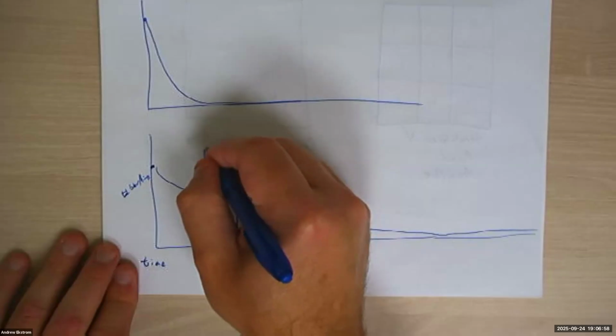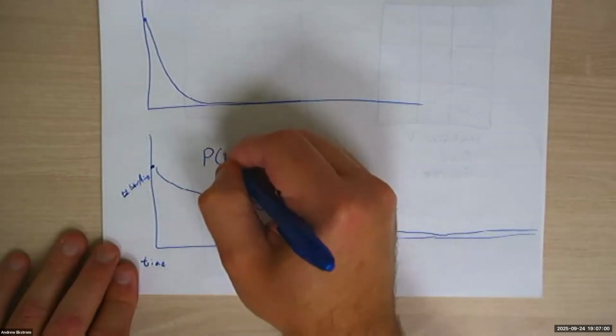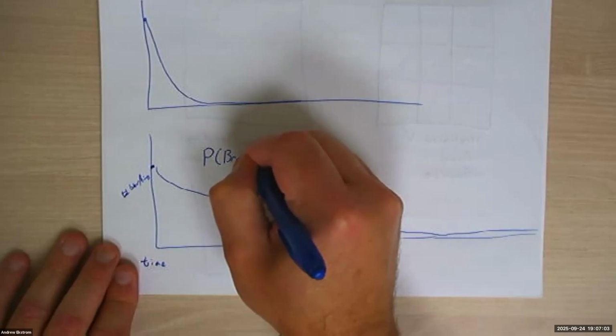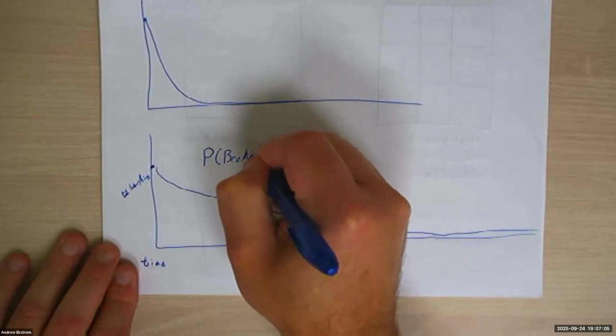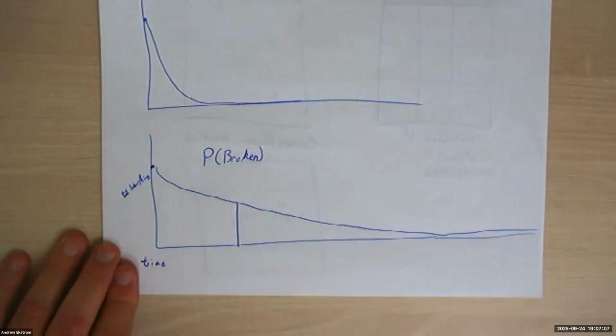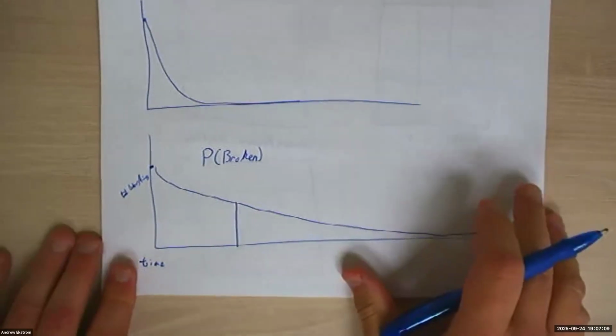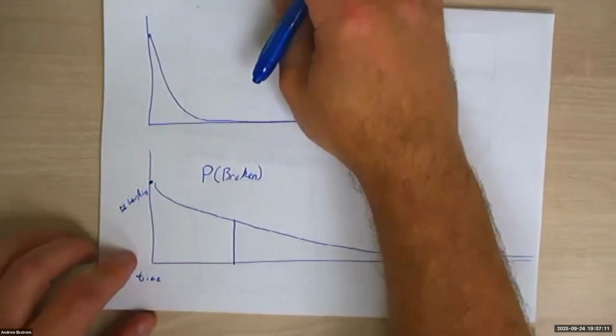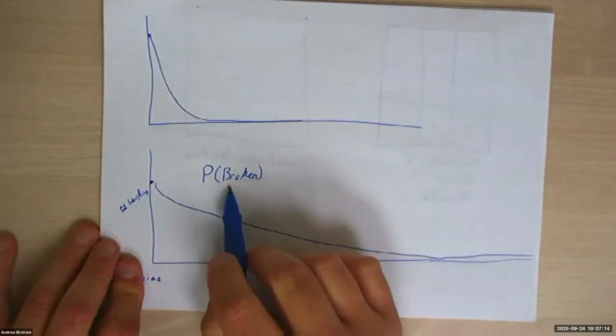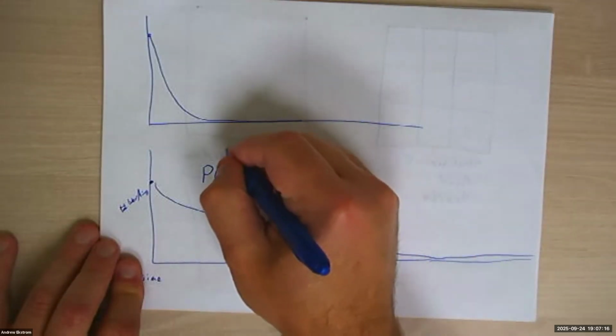I can use the equation P broken. And because I don't know what work any of you are going to be doing in the future, we can think of this as being broken.